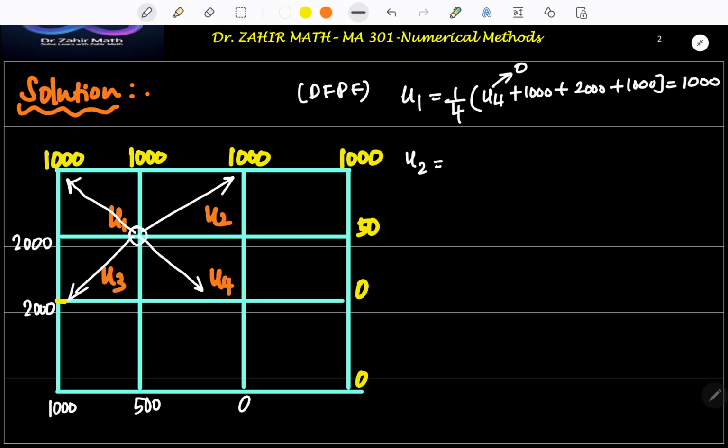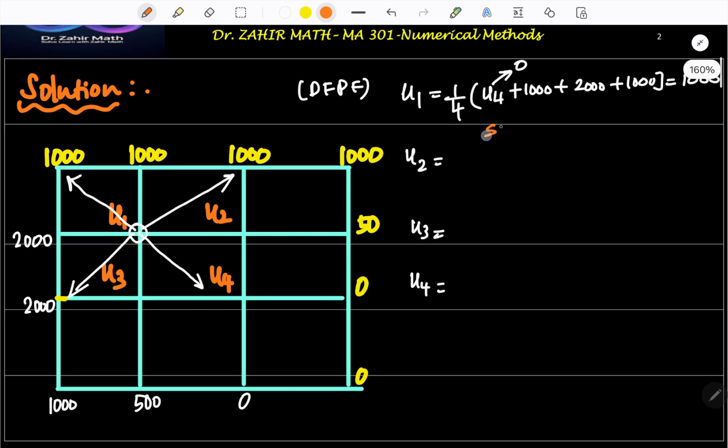Next U2 and U3, then U4, you are going to calculate by SFPF only, that means using the standard 5-point formula only, which is equal to 1 by 4 bracket open. So for U2 you're going this way and this way, which is the standard 5-point formula.